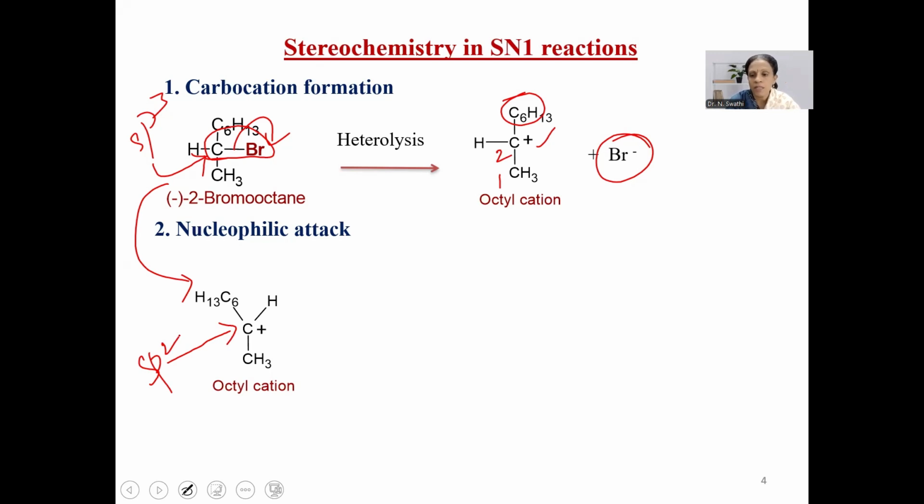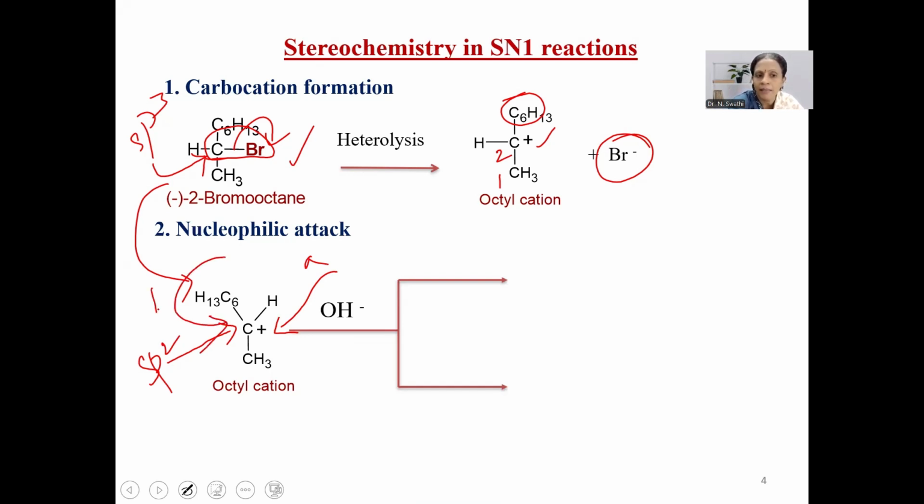In the sp2 hybridization, when the nucleophile is attacking, it has 2 chances. It can attack from the front side, where the bromide ion was present in the first step, let us say from this side A, and from the back side also there is a possibility, the nucleophile can attack from the back side like this, B. In the second step, assume the nucleophile attacks from the front side, that means through the side previously occupied by the bromide ion.